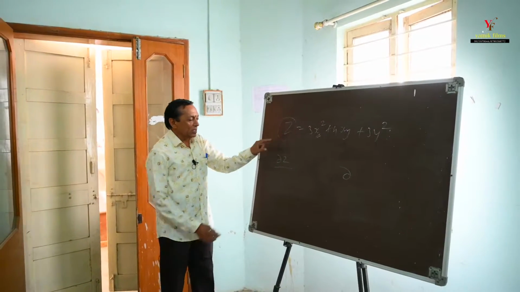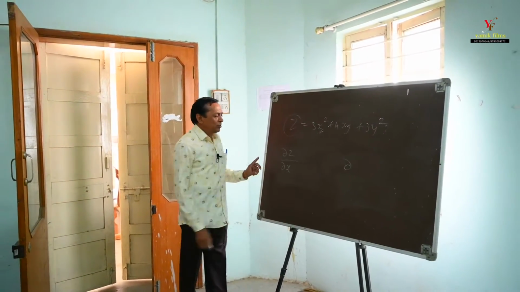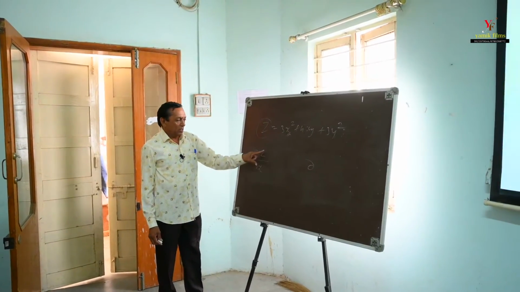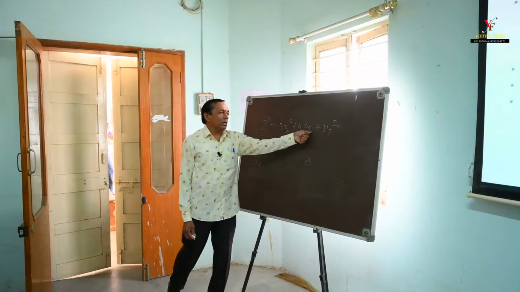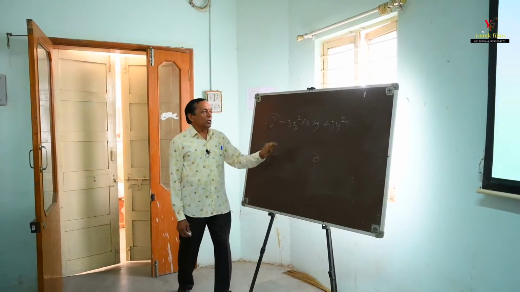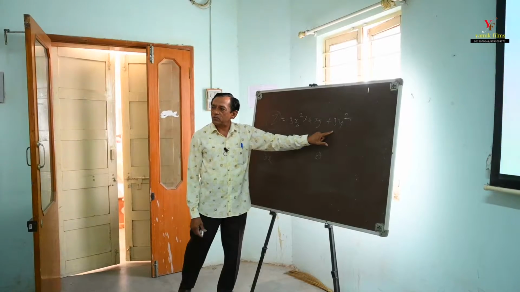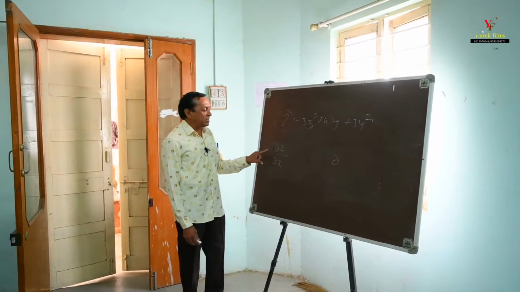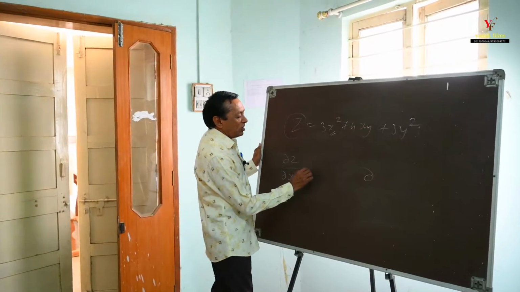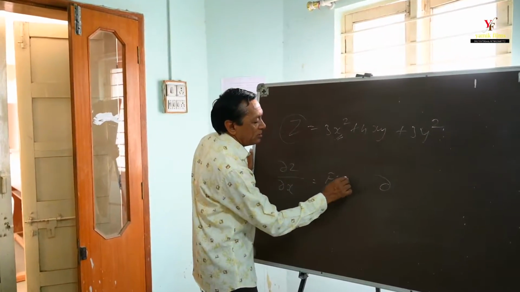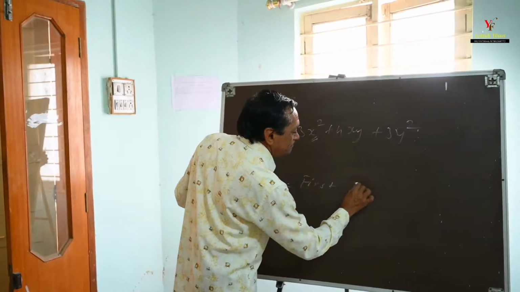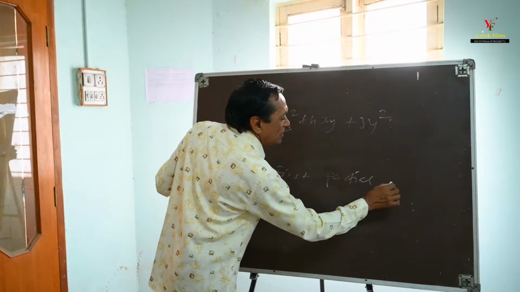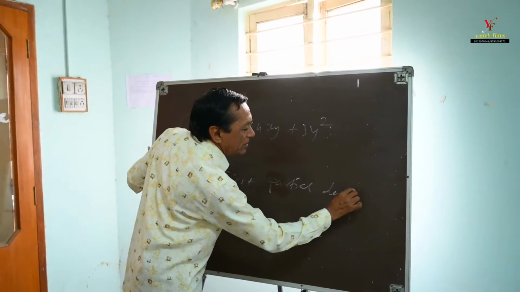Z is a variable, delta z by delta x. From two variables, x changes, y is unchanged, then we can say y is a constant. Then this is the notation, denoted by delta z by delta x, the first partial differentiation or derivative.